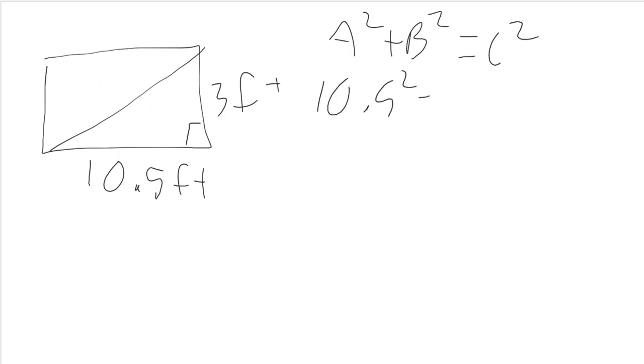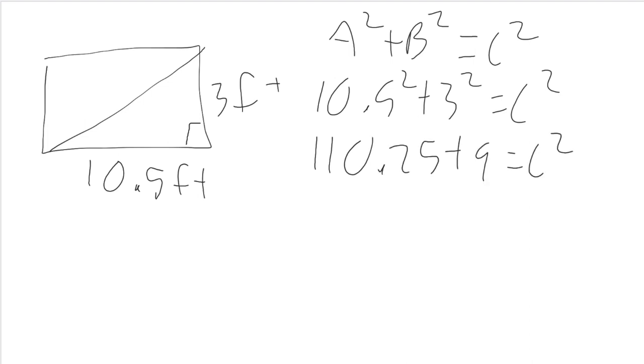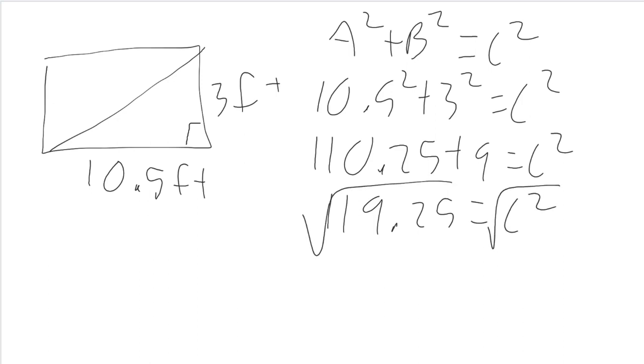10.5 squared plus 3 squared is going to equal c squared. So 10.5 squared is 110.25 plus 9 is going to equal c squared. So that's going to give us 119.25 is going to equal c squared. To get rid of a square, we square root, and I get 10.9 for c.